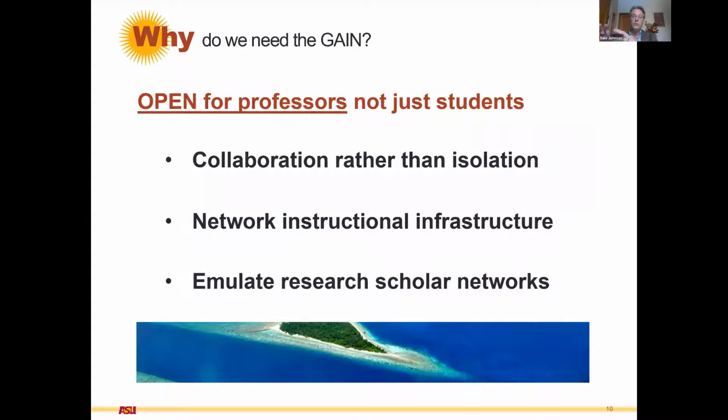In our research realm, we have literally dozens of networks in every discipline. So researchers can find each other. Well, we need to build that same kind of intellectual infrastructure for our teaching endeavors.